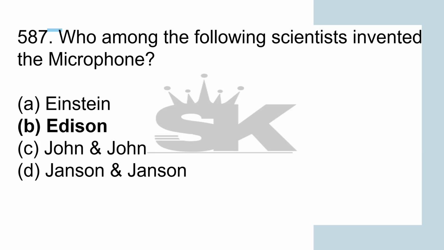The invention of the microphone is attributed to multiple individuals, including Emile Berliner, David Edward Hughes, and Thomas Edison, who independently developed similar designs in the 1870s. Among the given options, we can't find the other two, right? So that's why we stick to the Edison option here.